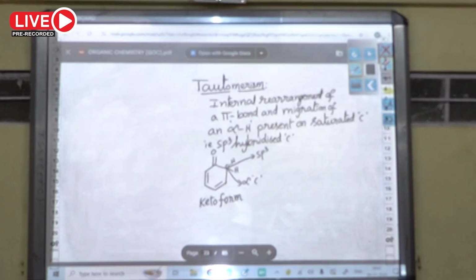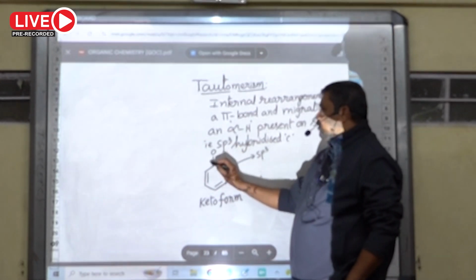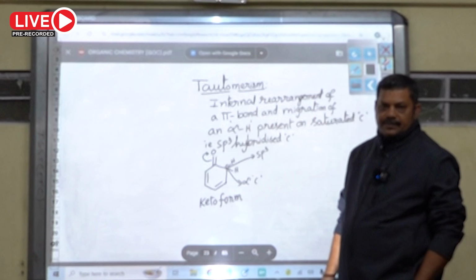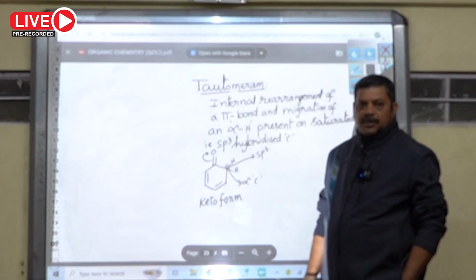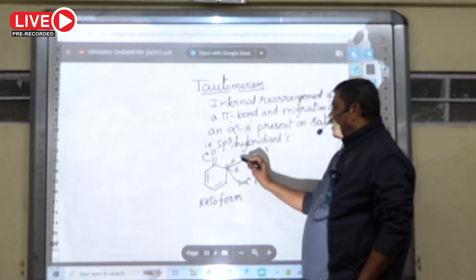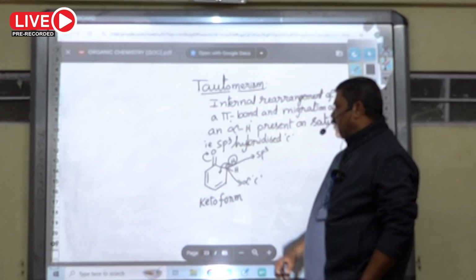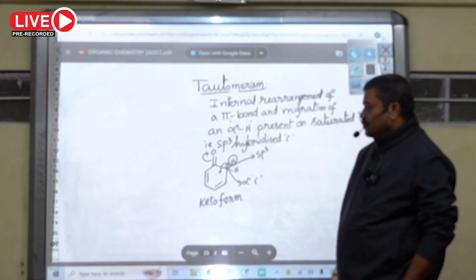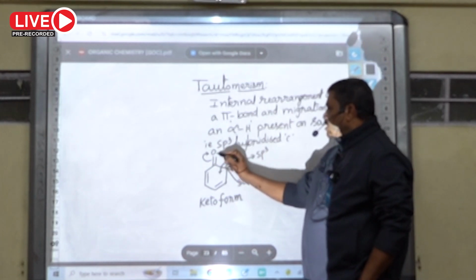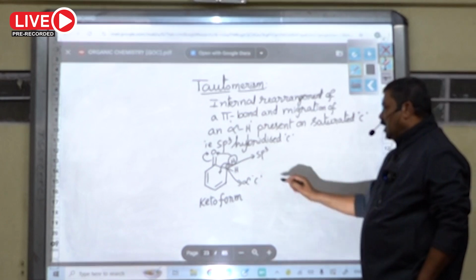Only in such a case will the pi bond shift to the more electronegative oxygen. One of the alpha hydrogens gives its bond between carbon and carbon, the bond is shifted between carbon and carbon, and this H+ will migrate to O.